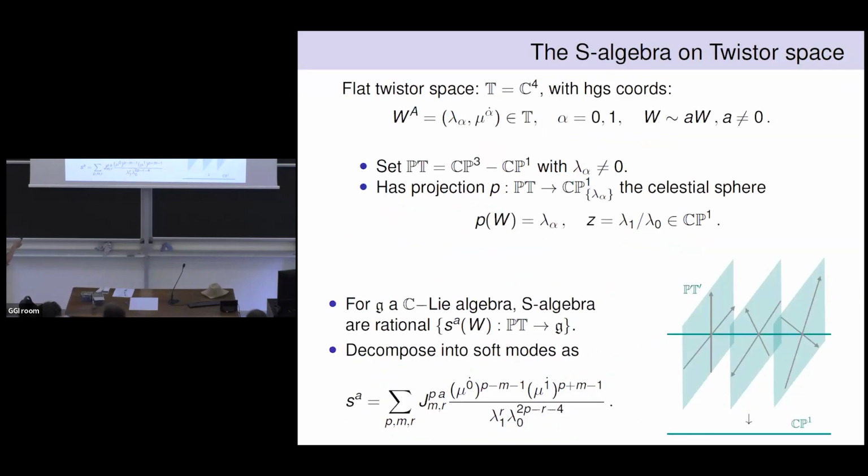Okay, so the first thing I want to do is to explain the S algebra geometrically, and that allows me to introduce twistor coordinates as well. The lambda coordinate is just a fancy way of talking about the sphere. It's just homogeneous coordinates for the sphere.